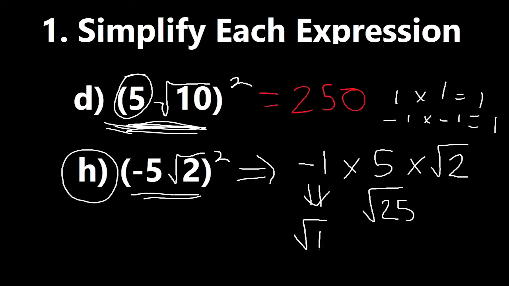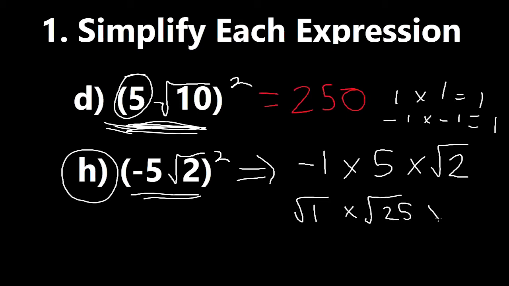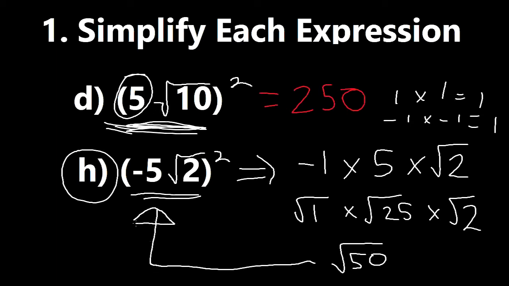Now this one's already in surd form, so we are left with root 1 times root 25, and then this one's already in root form, times root 2. Multiplying all these across, we can see that 1 times 25 times 2 equals 50. So root 50 is the same as inside this bracket here.